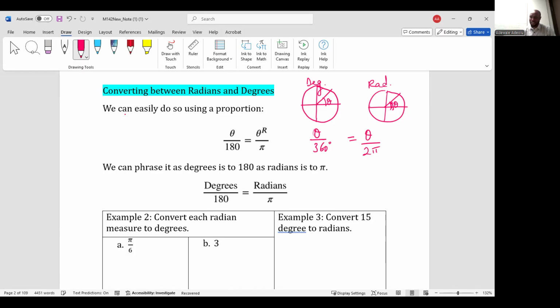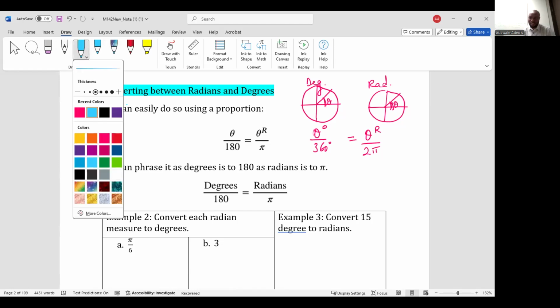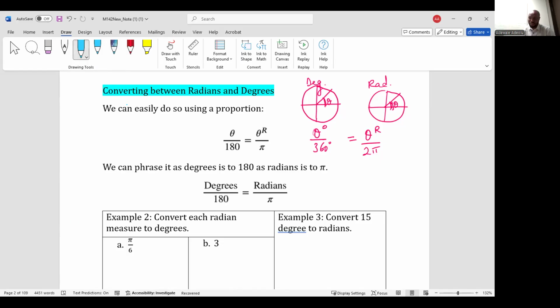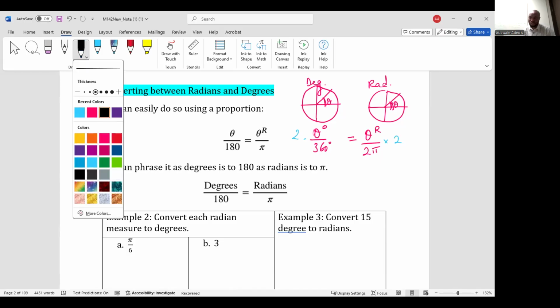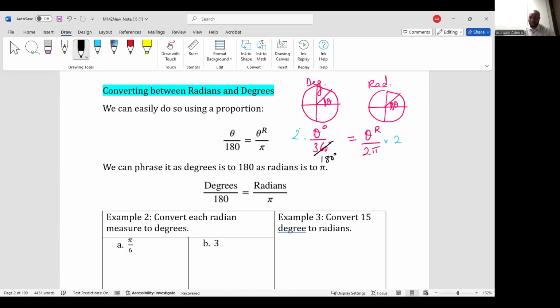This is a part, theta out of 360, out of everything. This is also theta out of 2 pi, out of everything. So what I will do is say this is degrees and this is radians. Now, looking at that very well, you can see that I can reduce this by dividing both sides by 2, which leaves us with 180 here.